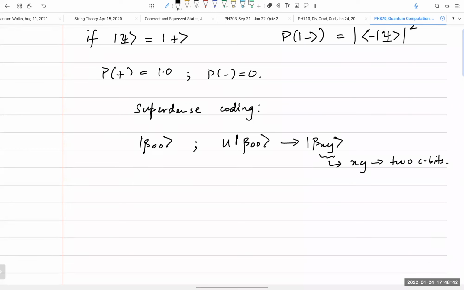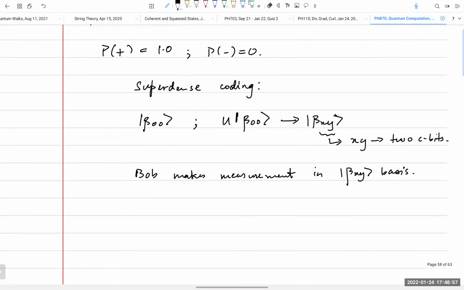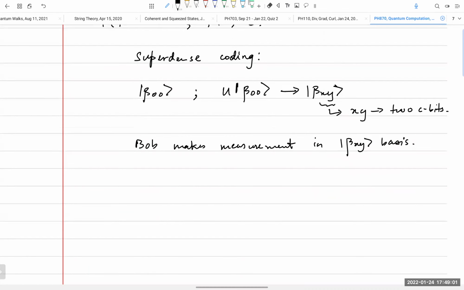What does Bob do? Bob makes a measurement in this beta xy basis. So in other words, Alice sends this thing.